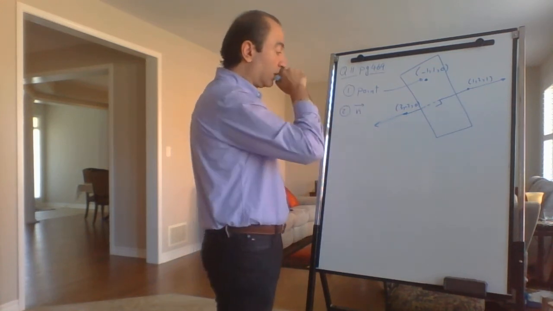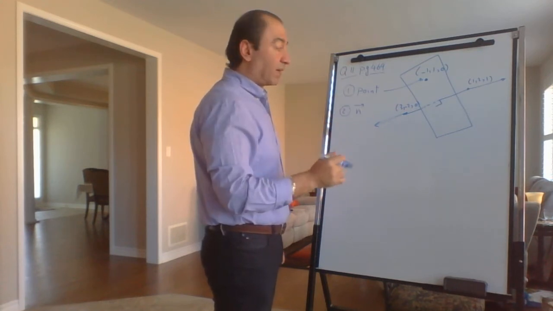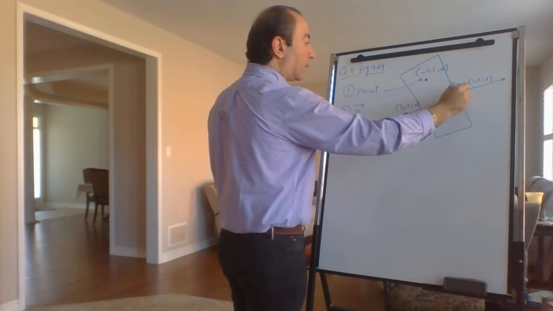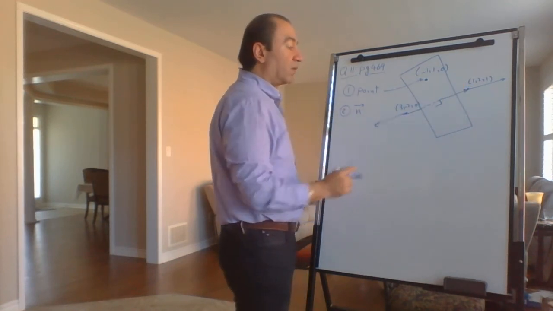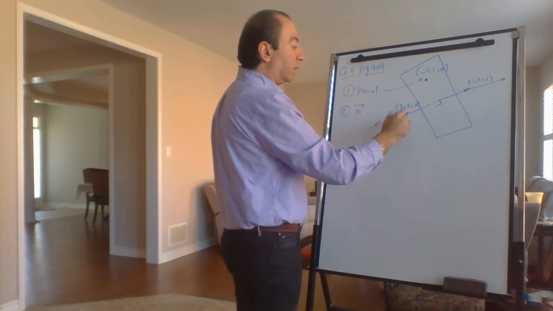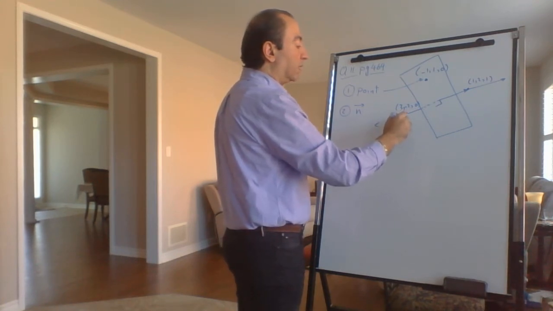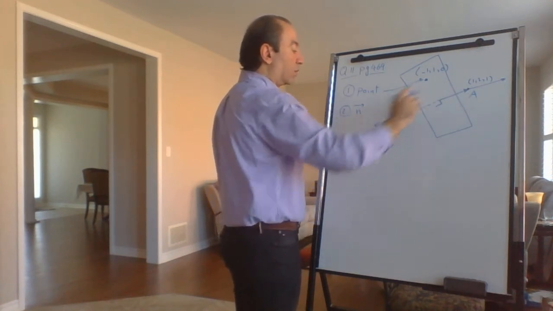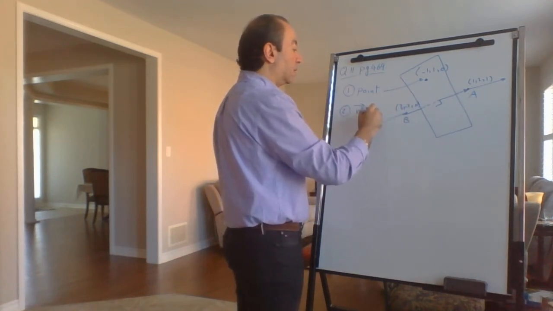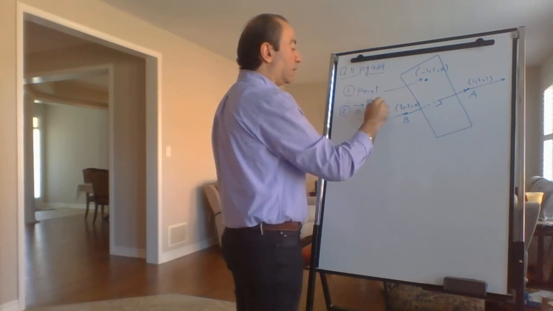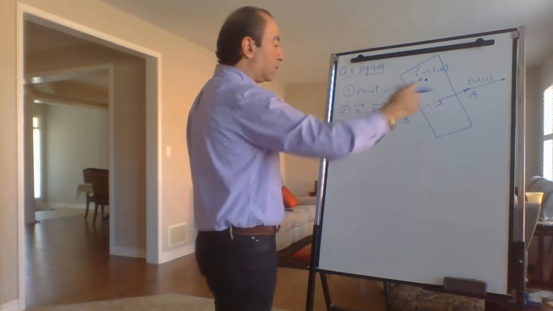We don't have a normal vector directly, but we can get it because these 2 points form a normal vector to the plane. So if I say B and A, I can say that this vector AB or BA is a normal vector. It doesn't matter AB or BA.